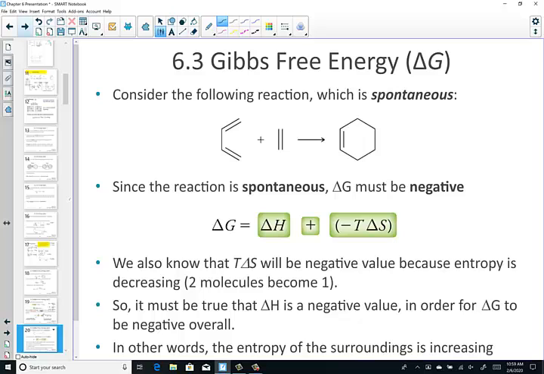If we think about a reaction, and we've been stressing that there's two thermodynamic properties to consider, enthalpy and entropy, we understand that this reaction has an unfavorable entropy. This is becoming more ordered, so that's a negative entropy.